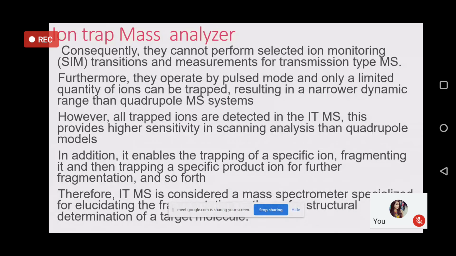So you can go on doing this till all the ions with different m by z in that ion trap which have been collected have been utilized. So scanning becomes possible. You can go on changing the conditions till the ion trap ions are exhausted and all of them have reached the collector electrode, getting deposited and registering the current.